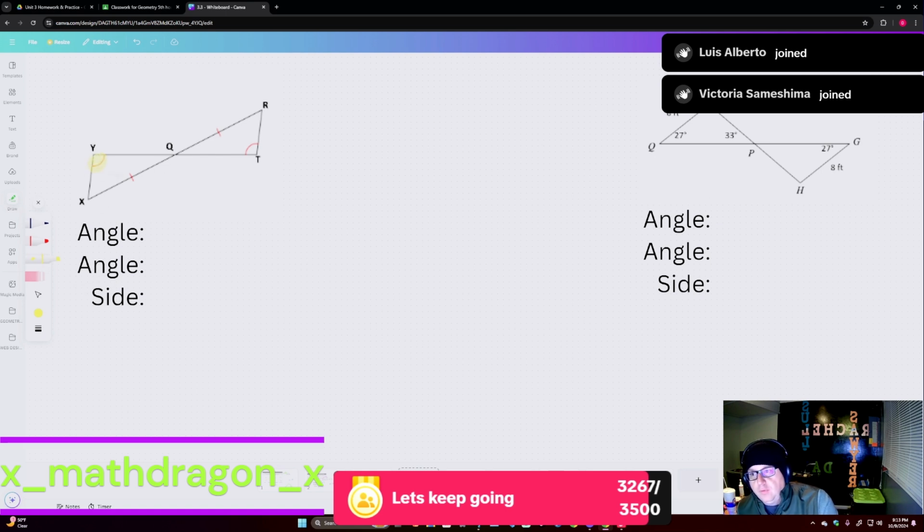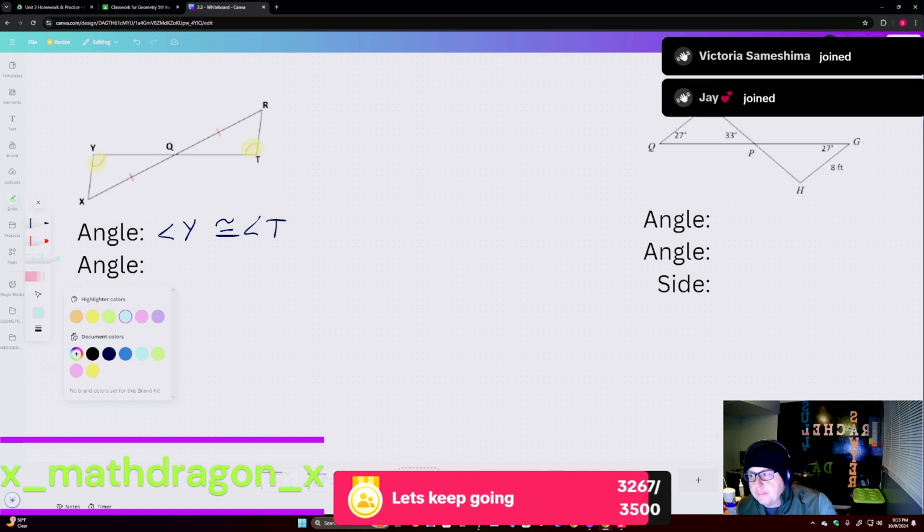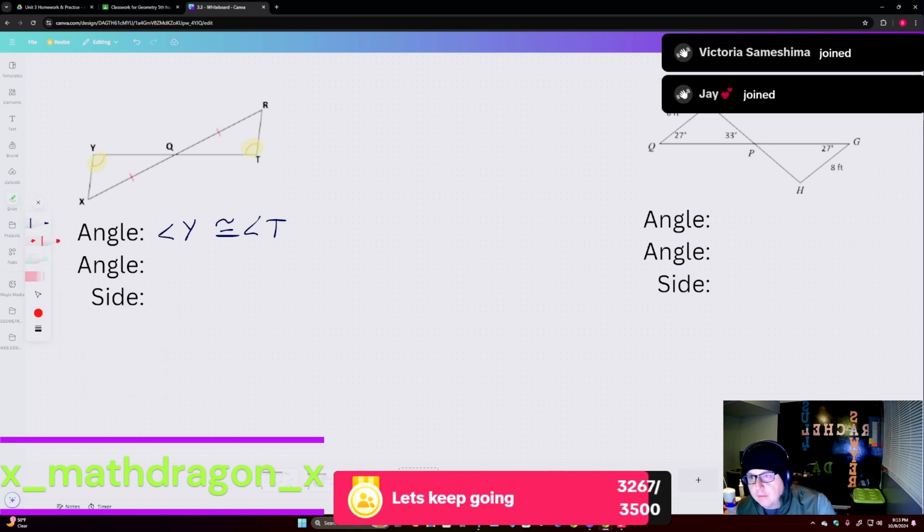Well, we can definitely see angle Y and angle T. So that's a good sign. Angle Y is congruent to angle T. Then we better come up with another angle. Where could we see another angle? We have vertical angles here.